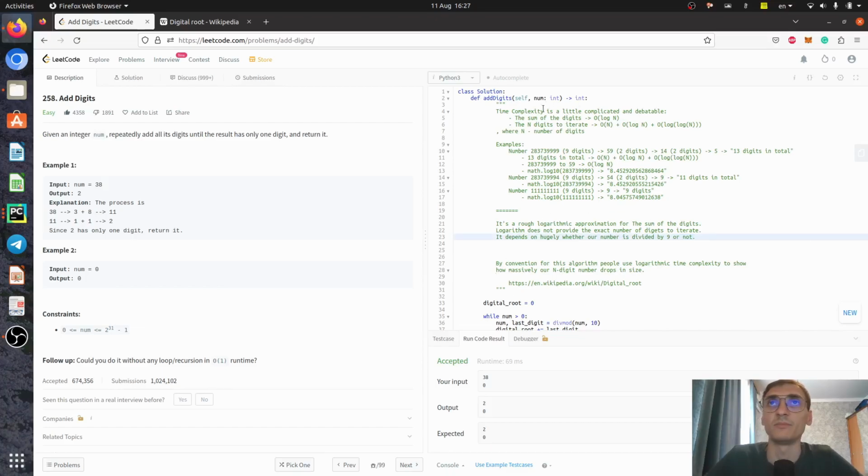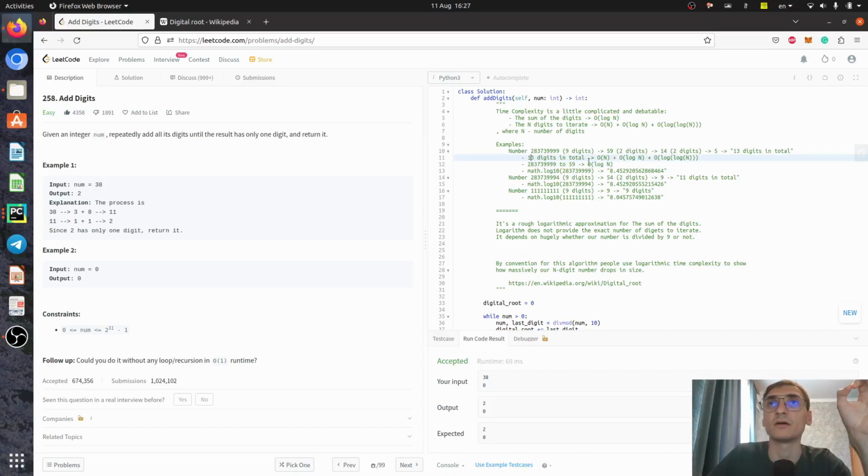But why O(log n)? Because here we hugely drop from our initial number to a small number in logarithmic time complexity by the logarithmic formula.